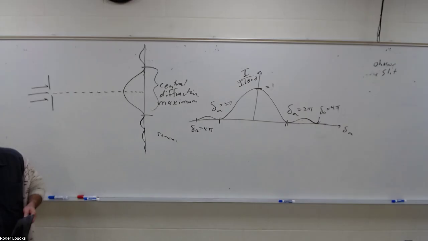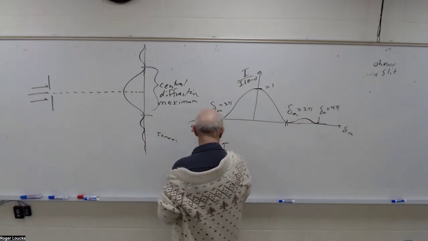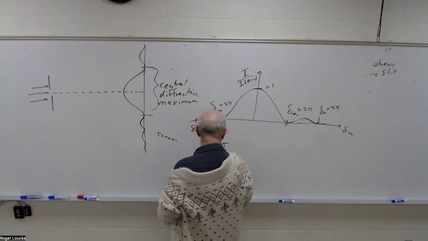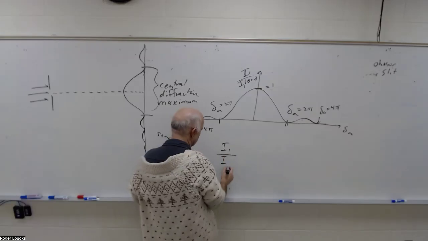Makes sense. I'm going to tell you what this ratio is, and then you're going to tell me how to get it. This ratio here, and I'll put a 1 here like this as well for 1 slit. This is 1 slit.